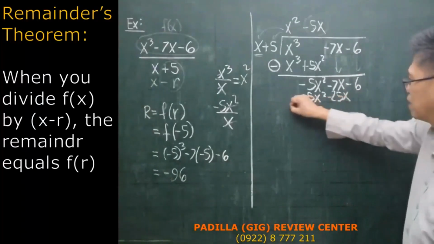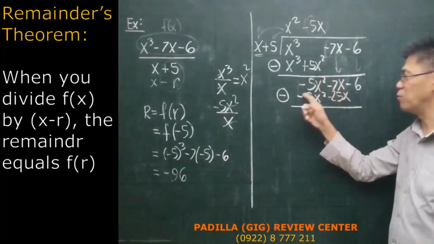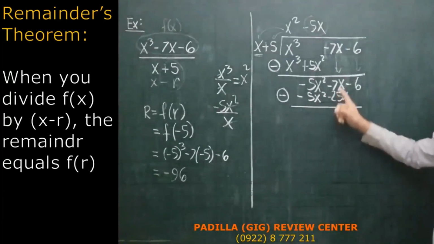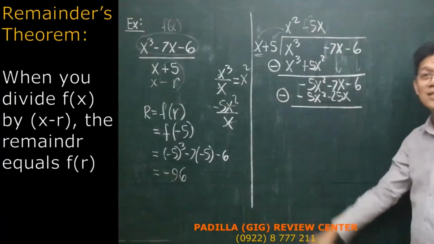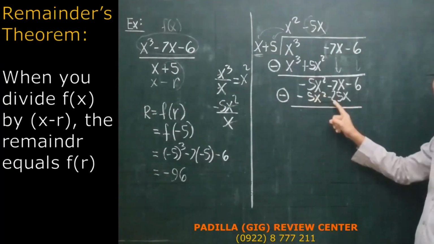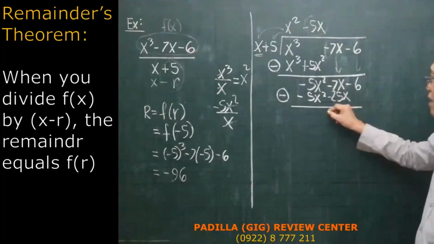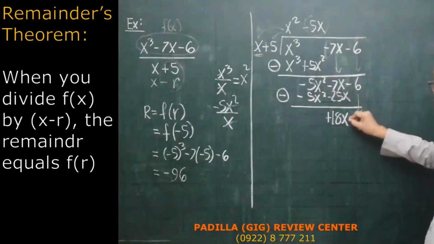Then we subtract again. This minus this, they will cancel. Minus 7x minus minus 25x plus 18x. Kasi minus minus plus 25 minus 7 plus 18x. Bring this down. Minus 6.